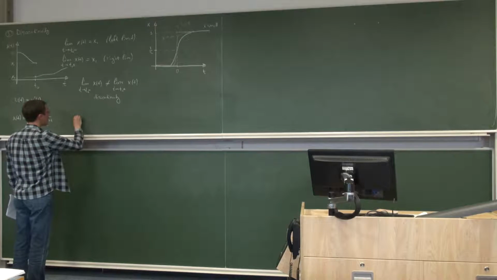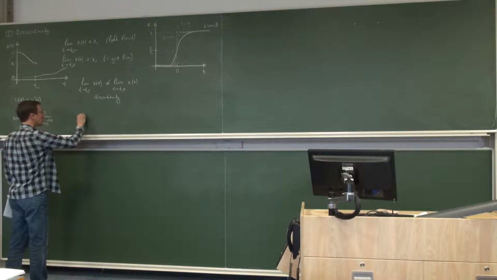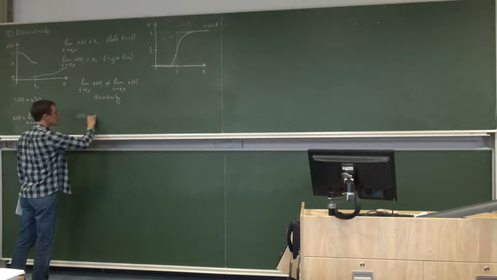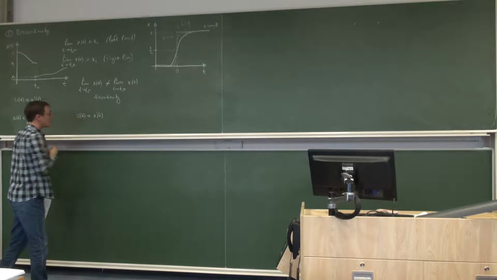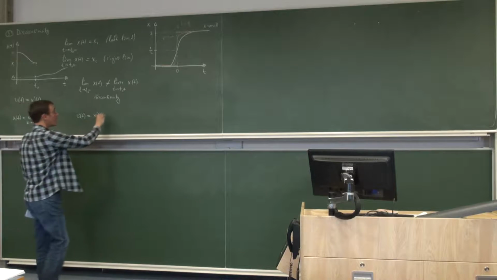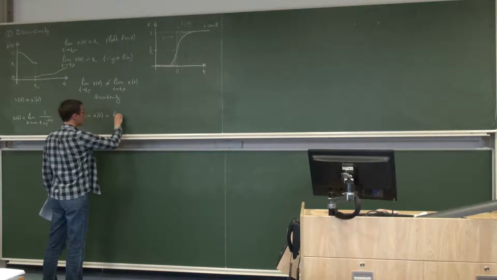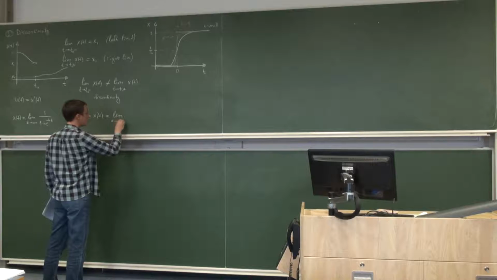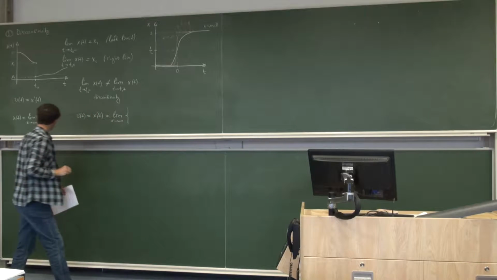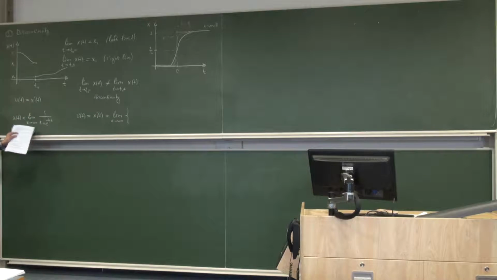Okay, so our velocity as a function of time is x prime with respect to time, and that will be the limit k going to infinity of the time derivative of this.